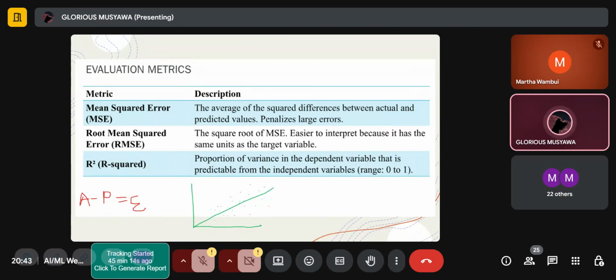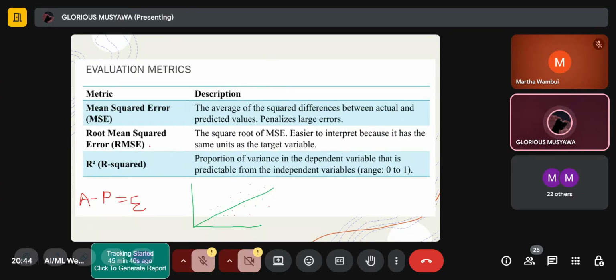So you should not have big errors. If you're trying to make a model have a small mean squared error, you're trying to make it have as few errors as possible. The errors won't be so big, because if the difference is big, it means the error is big. So our mean squared error is basically the average of all those errors when they are squared.